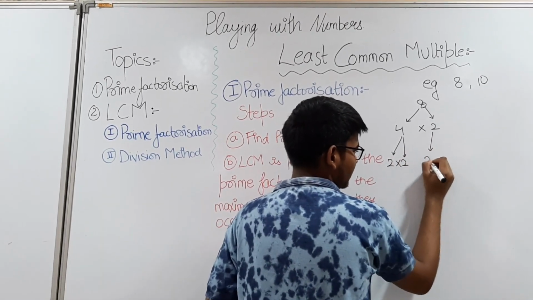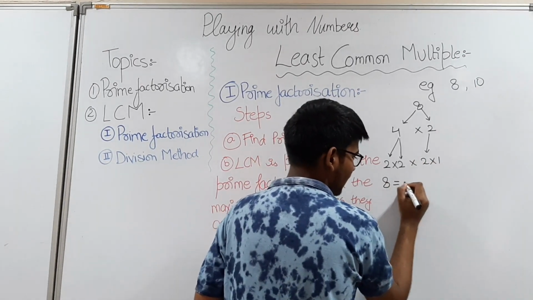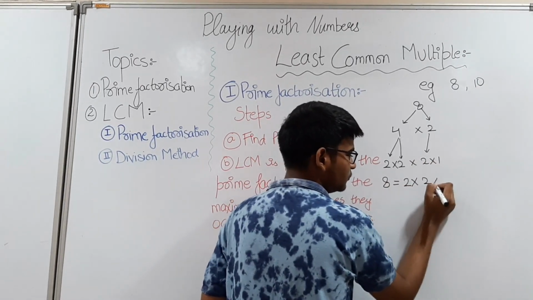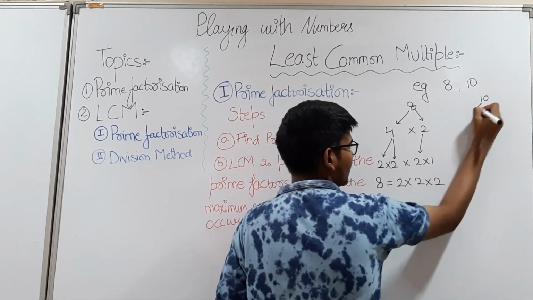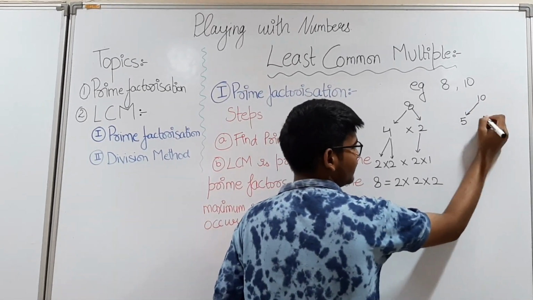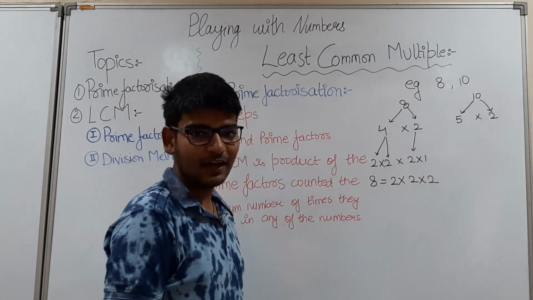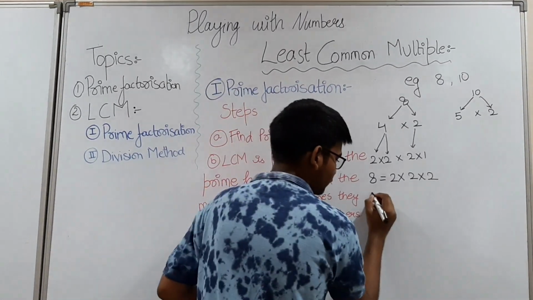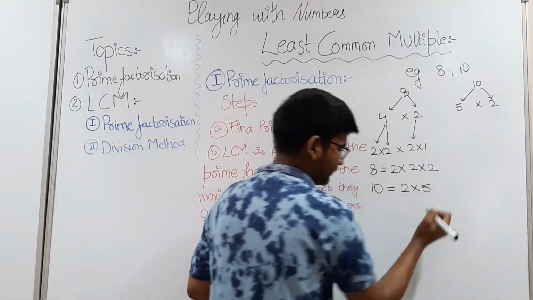So the prime factors of 8 are 2 into 2 into 2, and 10 is 5 into 2. As both are prime, we cannot split further. So the prime factors of 10 are 2 into 5.